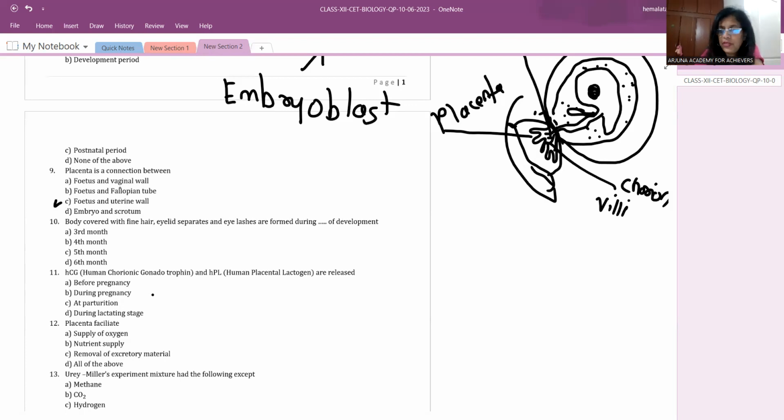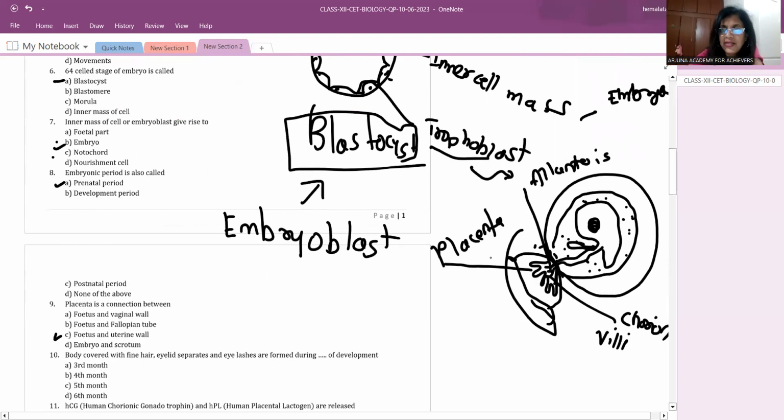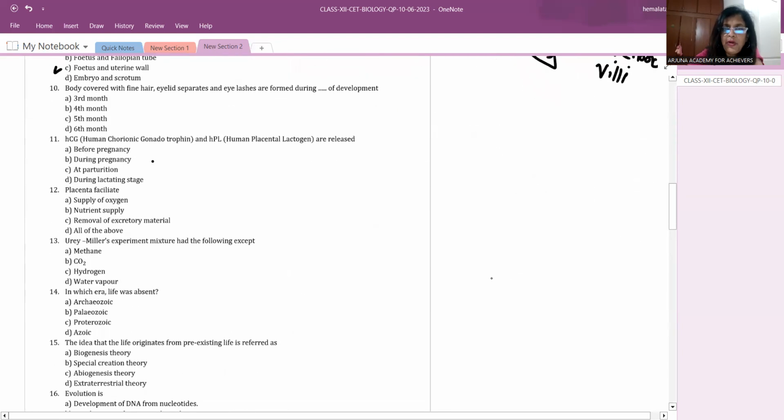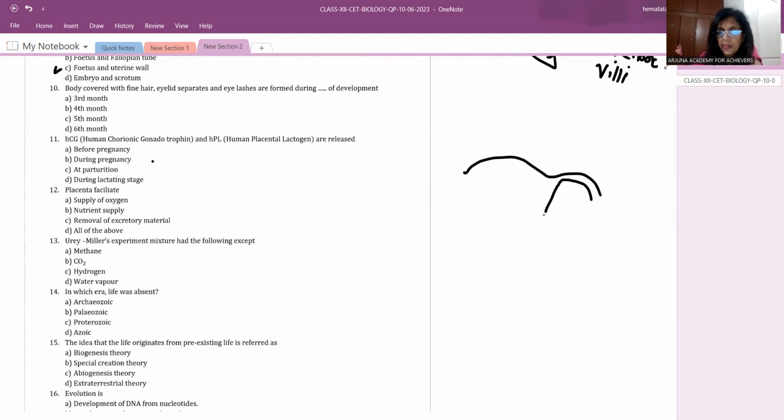Just now I showed you the diagram. The embryo I have drawn, and if you talk about the entire diagram of the uterus, it will be like this. Here is the fallopian tube, here is the cervical canal, this is the cervix. Here the placenta is developing, and here the fetus is developing, with the umbilical cord. They are asking what the placenta is. This entire thing is the placenta.